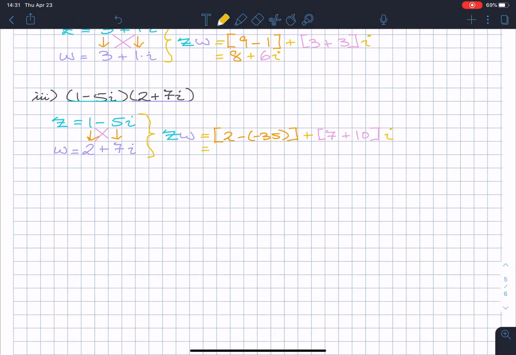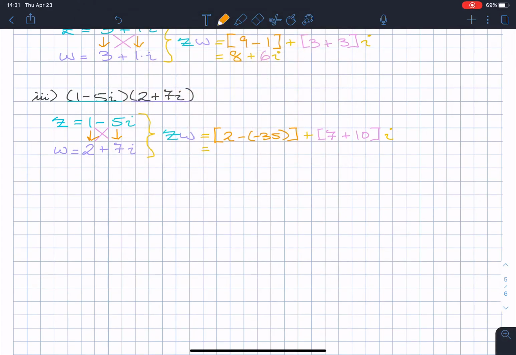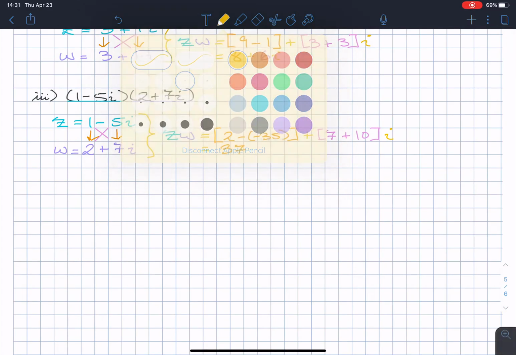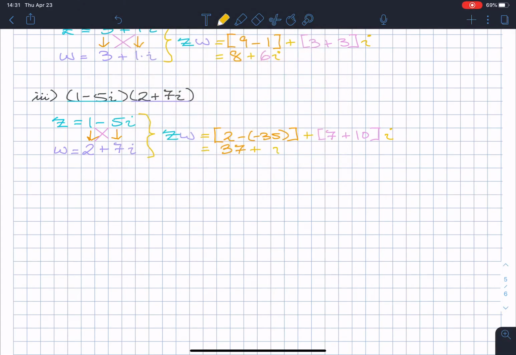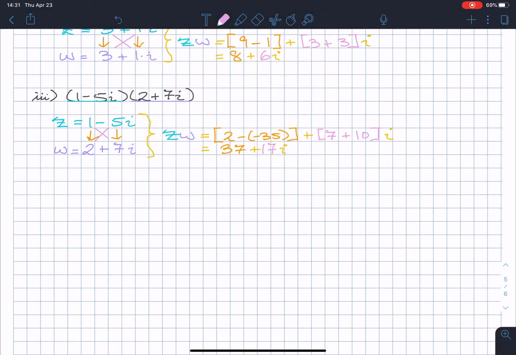Okay, so what does this give us? This gives us 2 plus 35 is 37, plus 7 plus 10 will be 17 times i. Notice this once again is a complex number. Okay, so hopefully that makes sense.